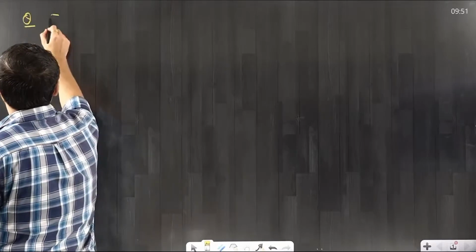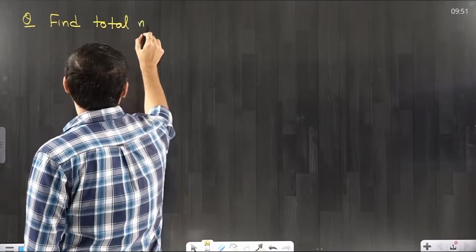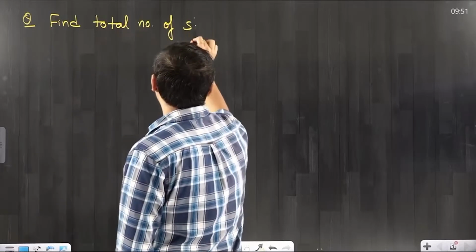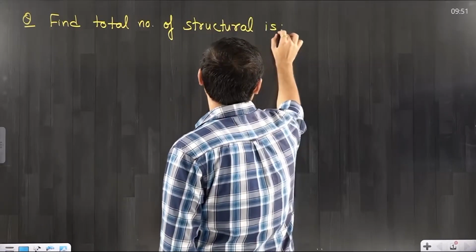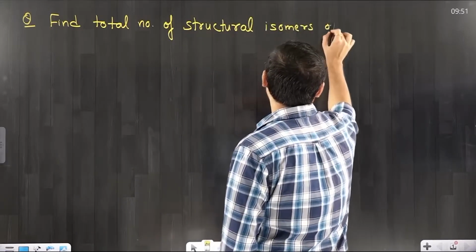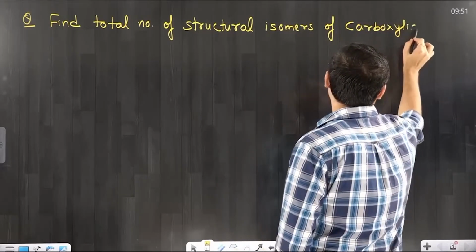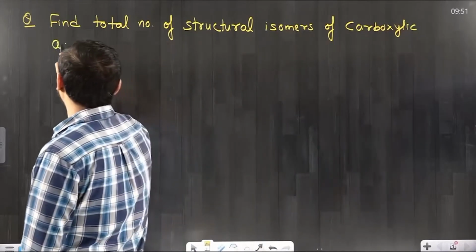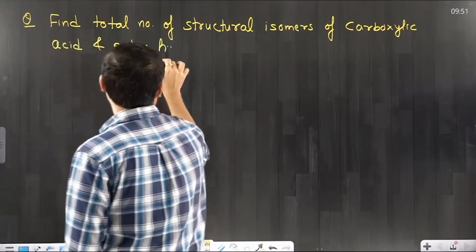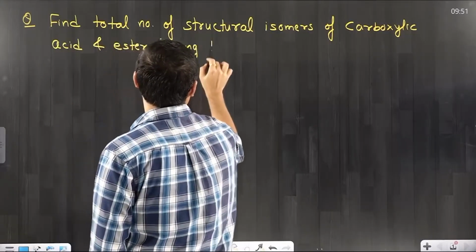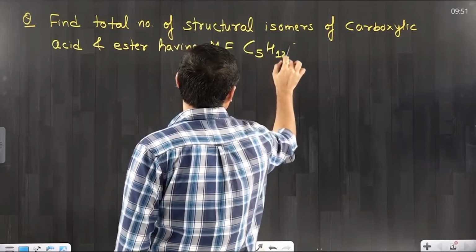So the question is, find the total number of structural isomers of carboxylic acid and ester having molecular formula C5H10O2.